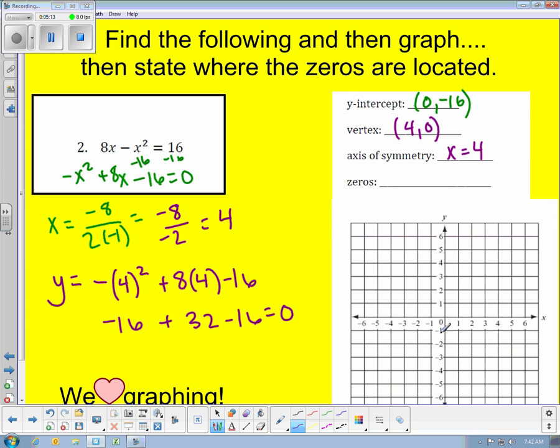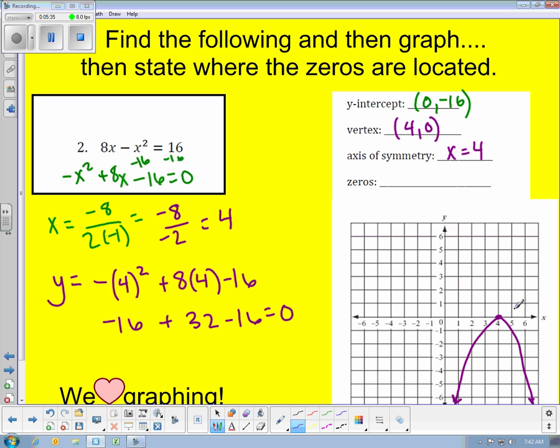So now let's go ahead and graph that. Now, negative 16 is kind of a low y-intercept, but we can start with the vertex. The vertex is (4, 0). And if we take a look at that vertex, even if I'm going to draw my quadratic down to the negative 16, which is going to be way down on my coordinate plane, look at where your vertex is.